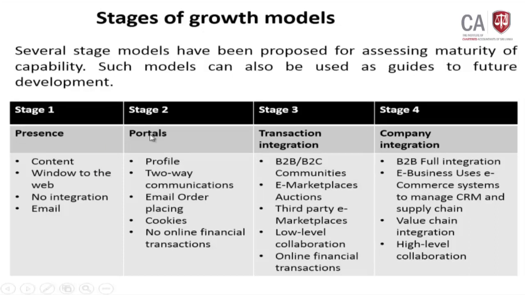And stage 2: portals, providing two-way communication, email order placing, cookies, no online financial transaction. The cookies I will explain in some other slide. Through email order placing, you can order the goods.